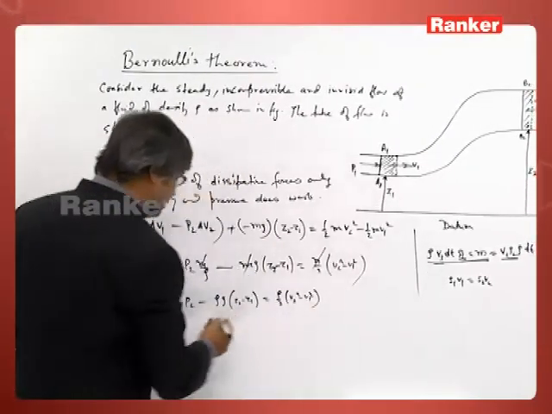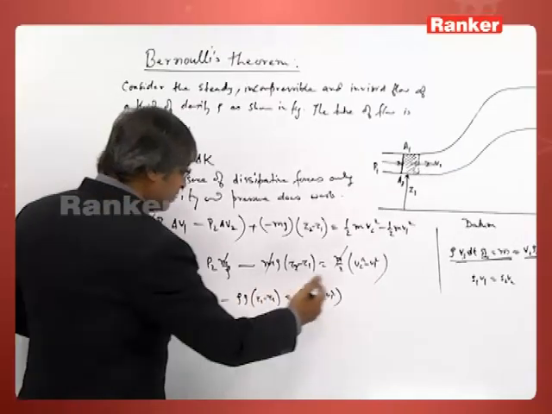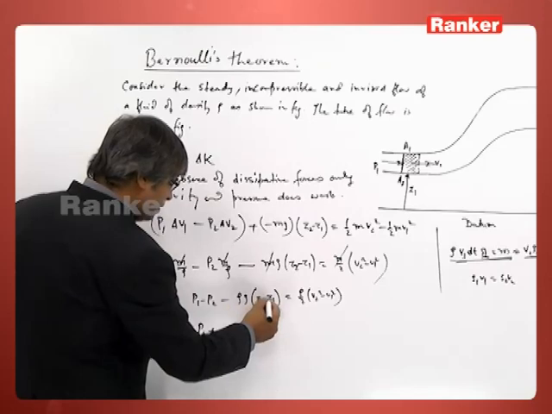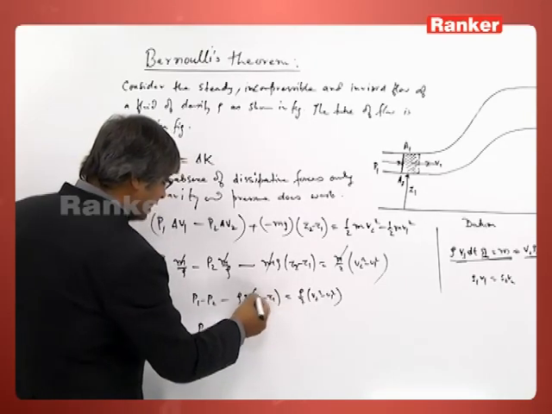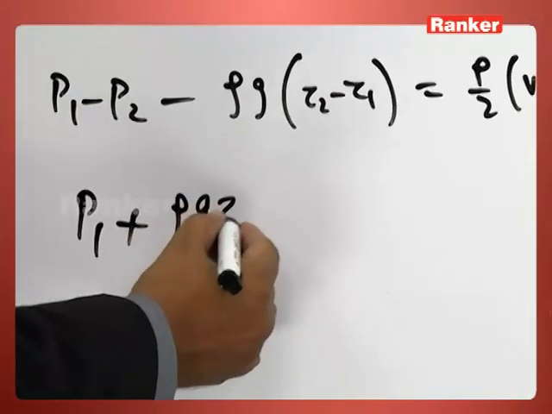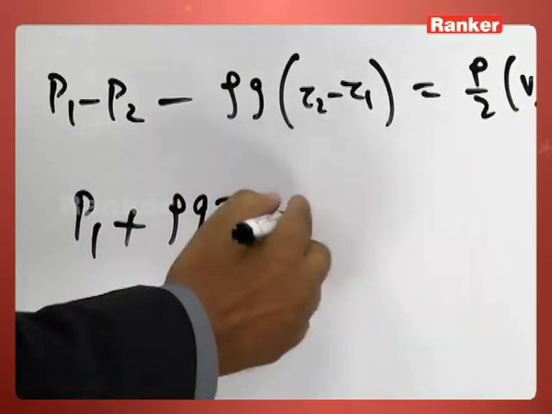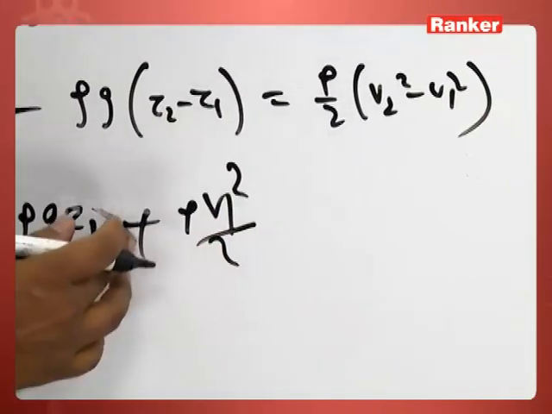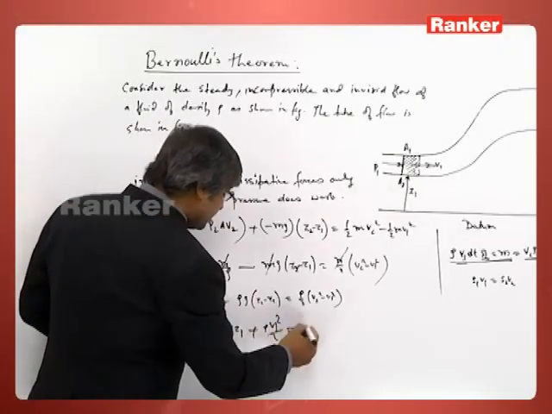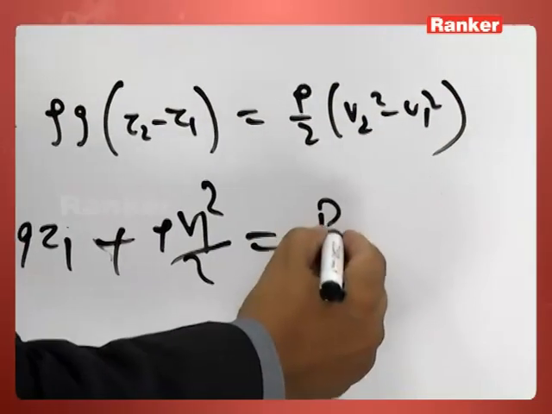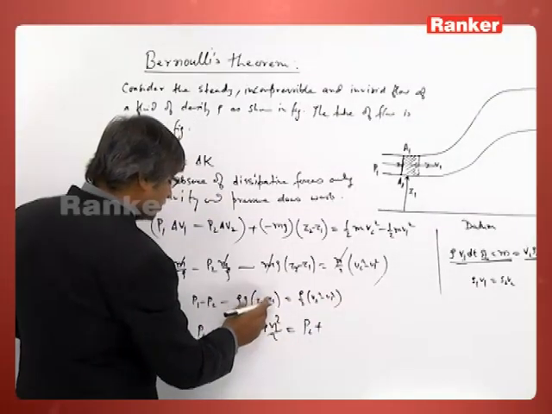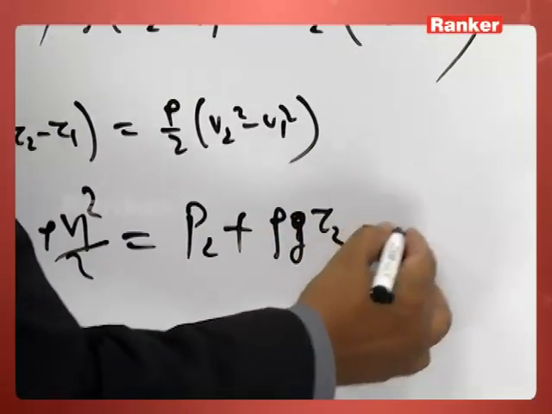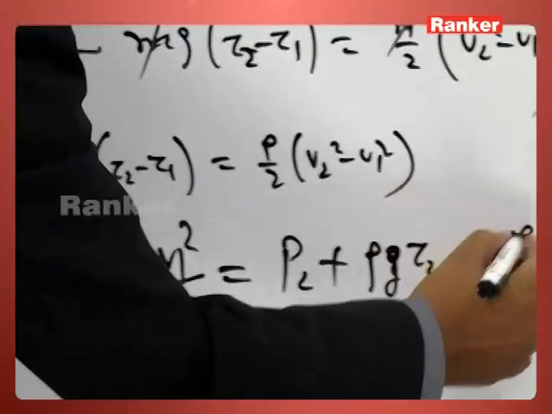Let us arrange one term on one side and the other on the other side. So P1 plus rho g z1 plus rho v1 square by 2 is equal to P2 plus rho g z2 plus rho v2 square by 2.